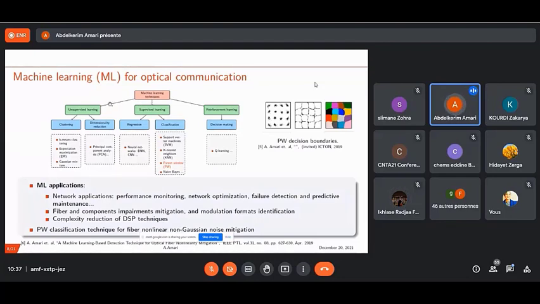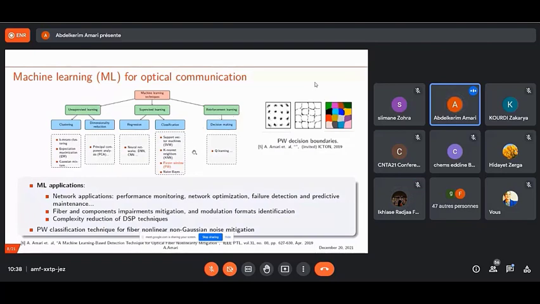We have three types: unsupervised learning, a blind approach, with clustering and dimensionality reduction. Then we have supervised learning that uses training samples for regression, with neural network approaches like deep neural networks and convolutional neural networks and so on. Then we have classification techniques, supervised as well, and we also have reinforcement learning.